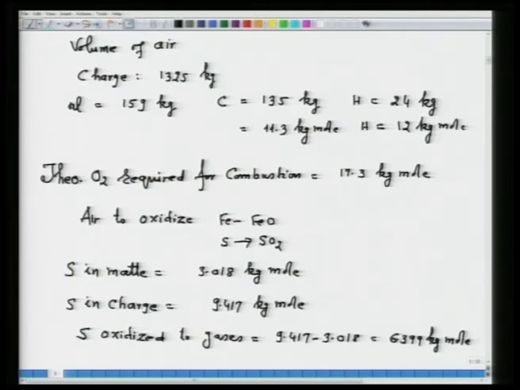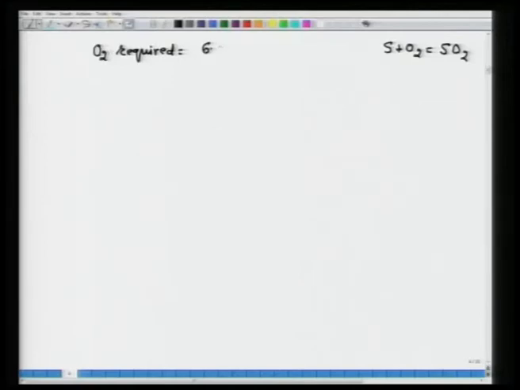Now, immediately I can calculate the oxygen required, O2 required. I hope you remember the reaction will be S plus O2 equal to SO2, because the problem does not say SO3 or anything. So, you have to consider formation of SO2. So, oxygen required will be equal to 6.399 kg moles.